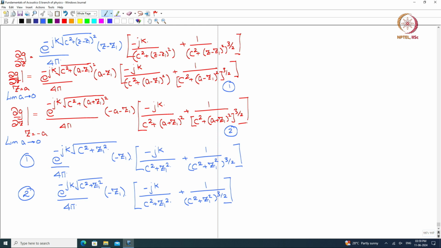Okay. So they are equal. So limit a tending to 0 of del g by del z at z equal to a is equal to del g by del z at z equal to minus a.